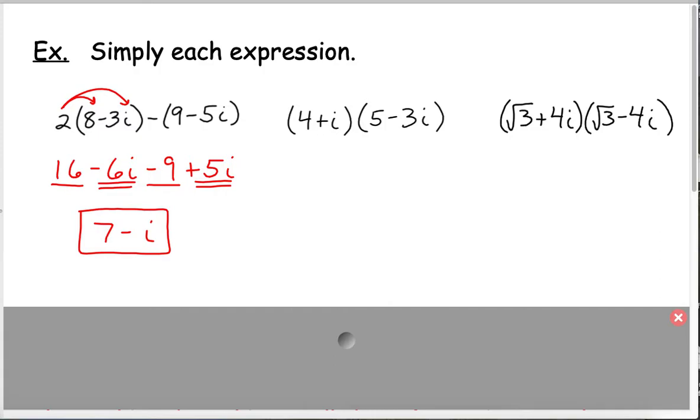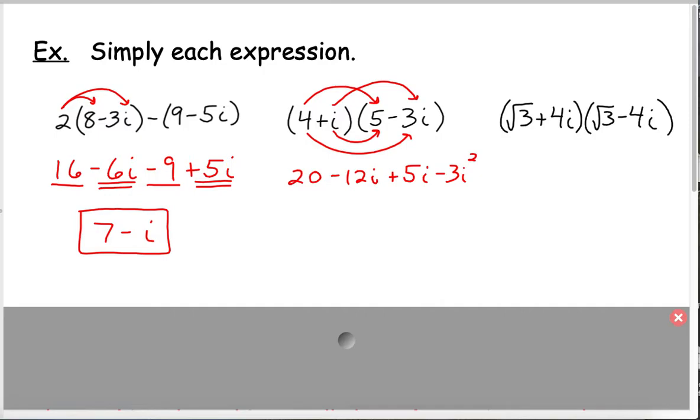All right, the next one looks familiar, and we just have to remember we need to distribute or FOIL. So I'm going to take this 4 and multiply it by everything in the other parentheses. 4 times 5 is 20, and then 4 times negative 3i is negative 12i. Next I'll multiply the i times everything in the other parentheses. So i times 5 is 5i, and then i times negative 3i is negative 3i squared.